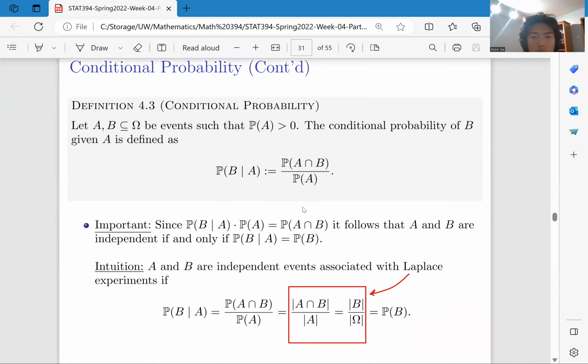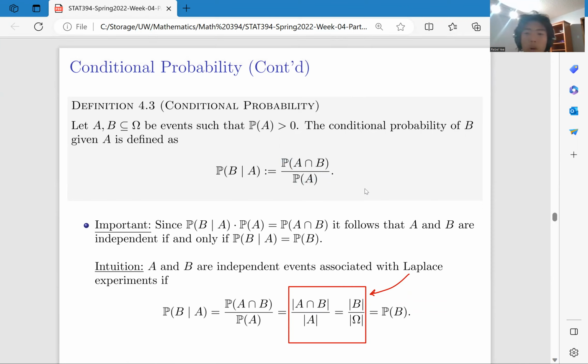So let's give a more rigorous definition of conditional probability. Let A and B belong to a sample space as events, where the probability of A is greater than 0, or if it's equal to 0, we cannot calculate this term. The denominator cannot be equal to 0.